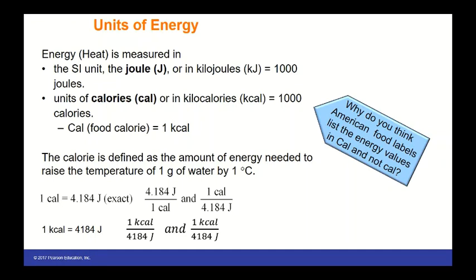Now remember, heat can be lost or gained. If heat is gained, is it a positive or negative value? Correct, positive. If it's lost, it is what kind of value? Negative. In the US, we use the kilocalorie as our measurement of calories on our food labels. It's the big Calorie with a capital C, and 1 kilocalorie is equal to 1,000 little c calories.